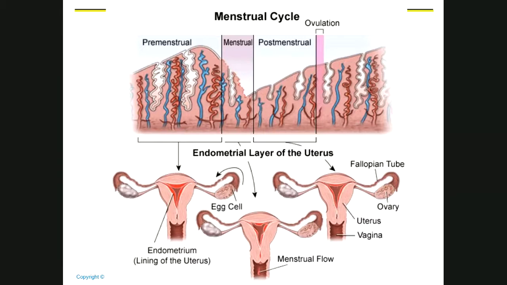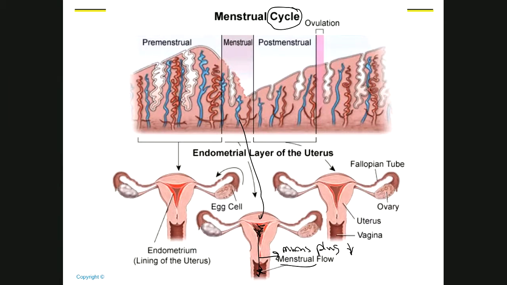So it's also a cycle. So if you look here, here's where it's sloughing off, and all that tissue and blood. Remember, it has to have a way out. And so remember, that's one of the times when that mucus is going to disappear. That plug is going to be gone. And so you get menstrual flow.